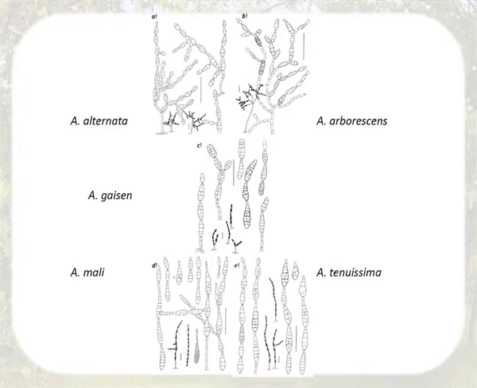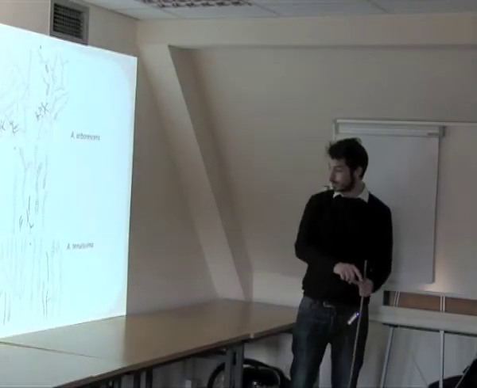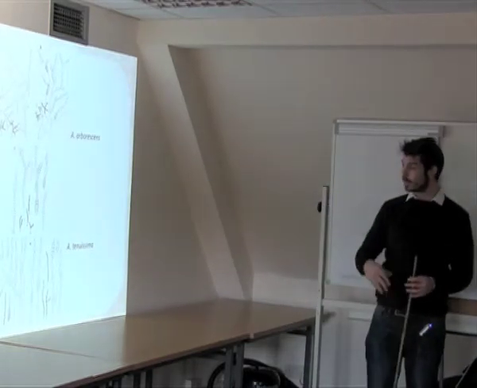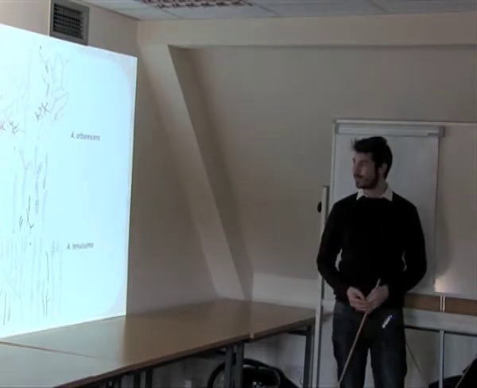Alternaria alternata is the reference species for the group, and this is typically short spores, very highly branched, whereas we see variants with longer sporophores, such as Alternaria arborescens, which are similarly highly branched, whereas we can have shorter chains without branching, Alternaria gaisen, and Alternaria tenuissima typically forming these very long chains without branching. But this is fine, this captures the diversity of different spore morphologies within the species group.